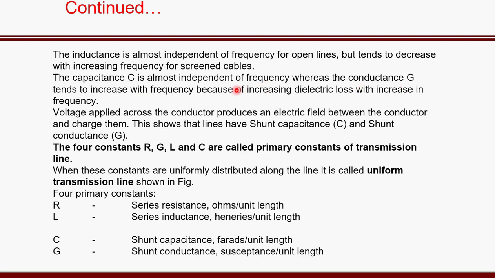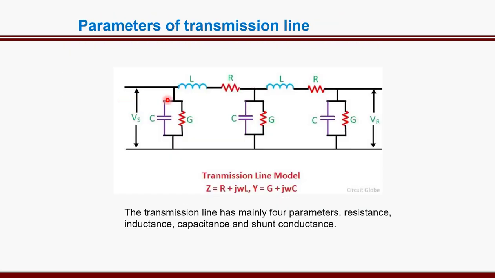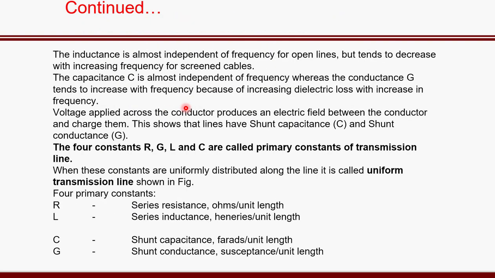So capacitance is independent of frequency, but conductance G tends to increase with frequency. So conductance is the reverse of that of resistance, and it depends upon the frequency. How? Because it depends upon the dielectric losses, so it increases with frequency because of dielectric losses.